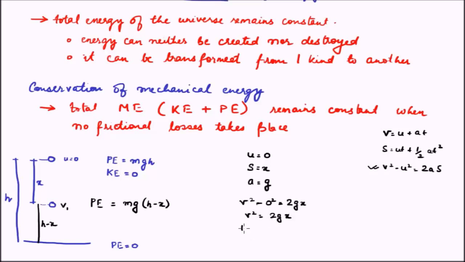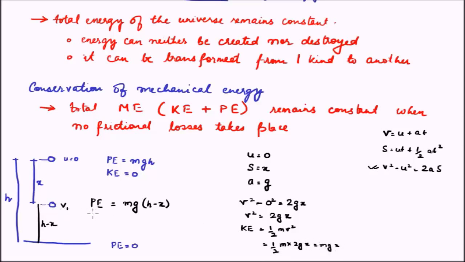And we know that kinetic energy is equal to half mv square, which implies that the kinetic energy is half times m times 2gx, and that is equal to mgx.